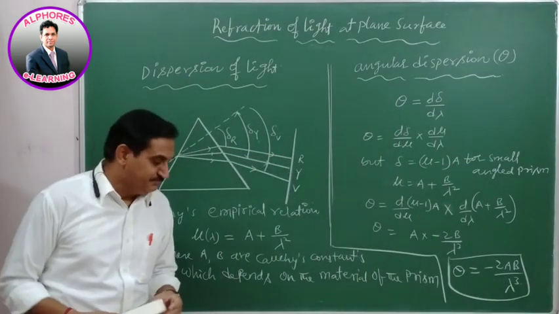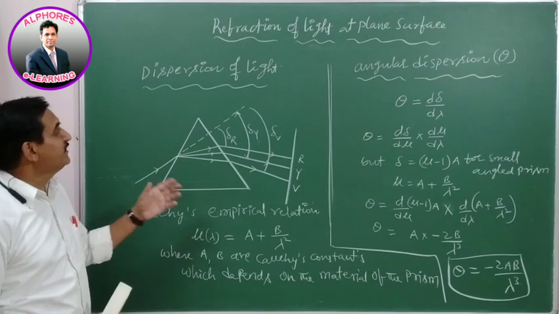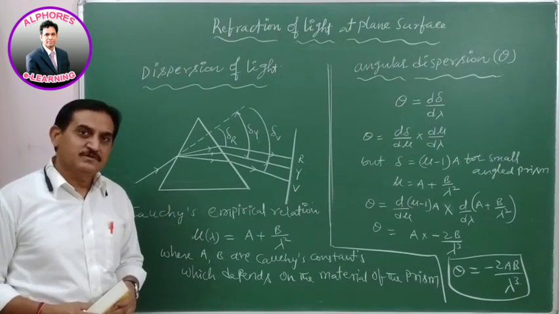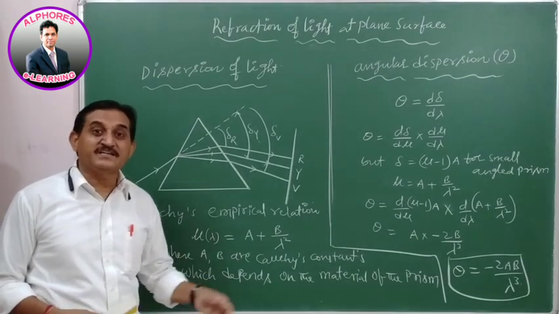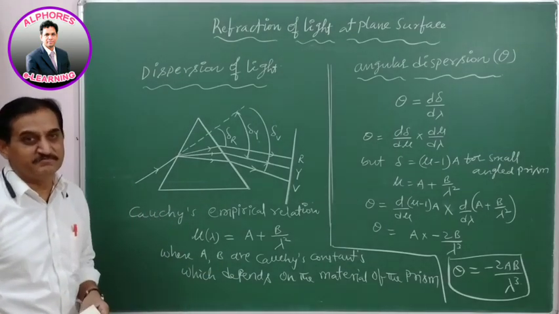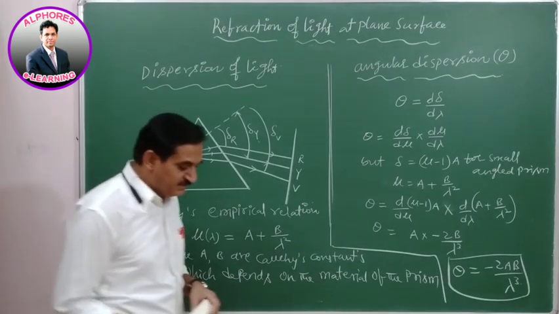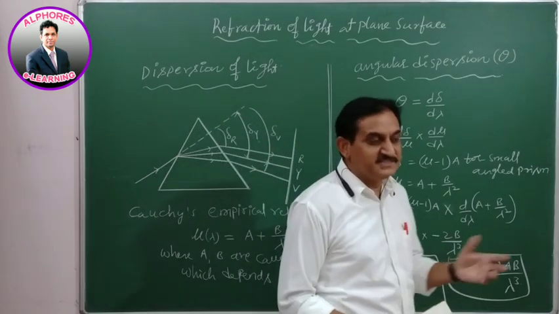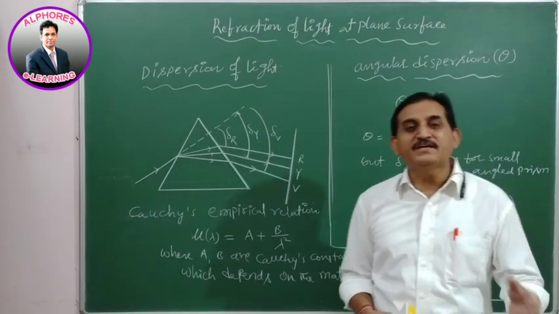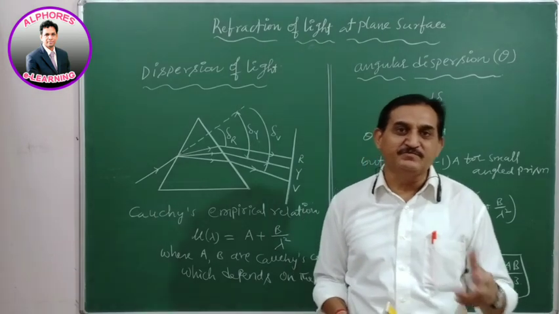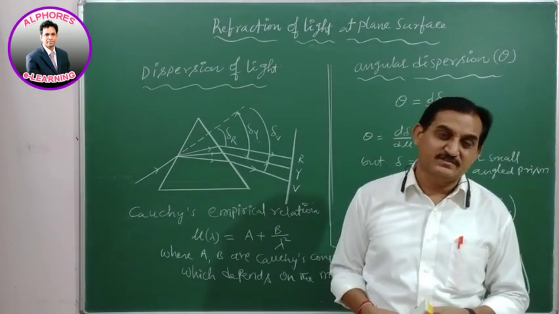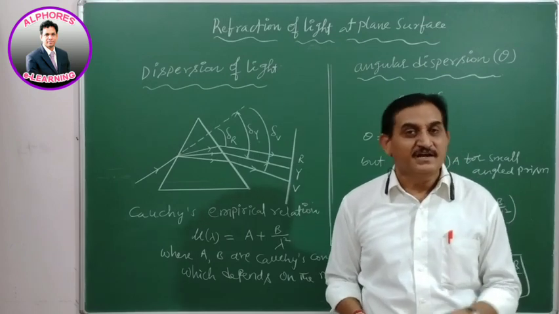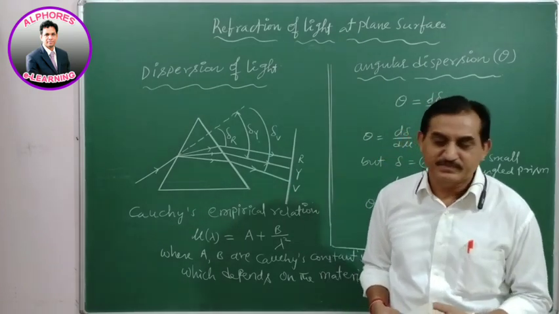And one more point: why does the dispersion take place, why are the 7 colors separated from the white light when the light is incident on the prism? The reason is that the different colors in white light have different wavelengths. There are 7 colors and 7 different wavelengths.